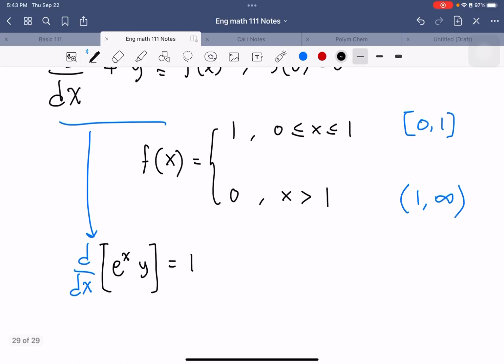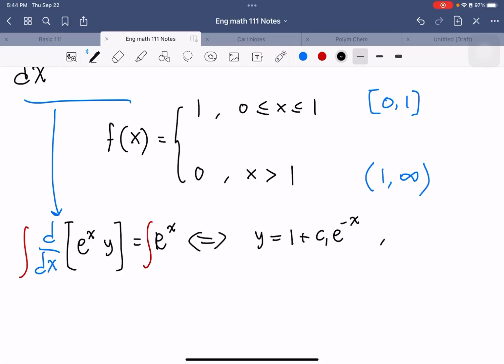So we multiply with e to the x, integrate this to get the equation, and then simplify. We get y equals 1 plus c1 e to the negative x.